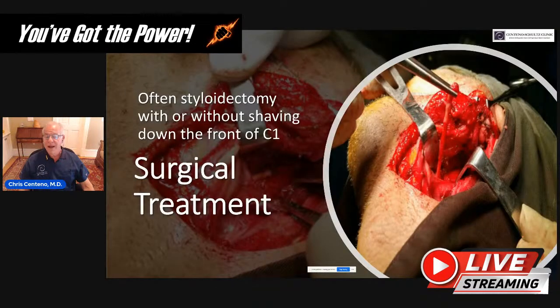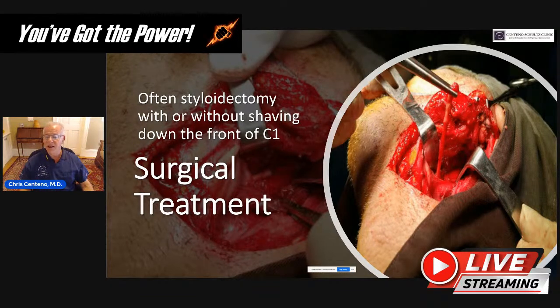So right now, the biggest treatment for this is styloidectomy with or without shaving down the front of C1. But that's a major surgical procedure. You know, we're dissecting out the neck, we're damaging certain things when we go in there, taking out that calcified stylohyoid ligament, destabilizing the anterior neck, et cetera, et cetera.